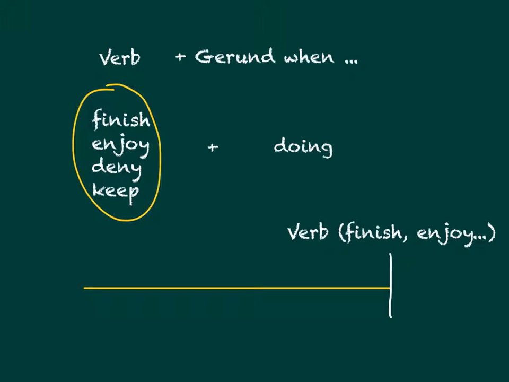Now I draw a yellow line. That is a timeline indicating we have a process. The gerund is something that is a process that I have done before the verb, finish, enjoy, etc.